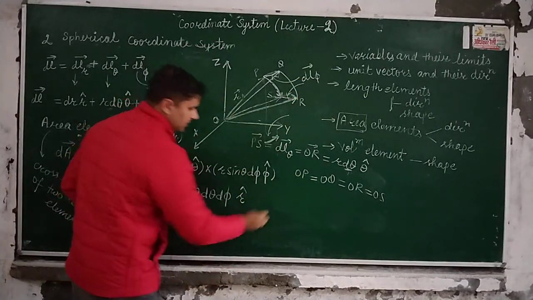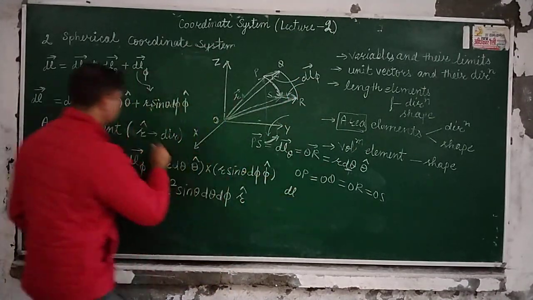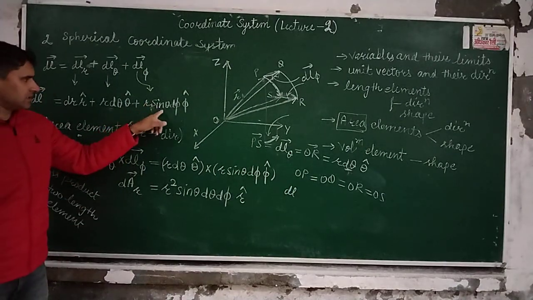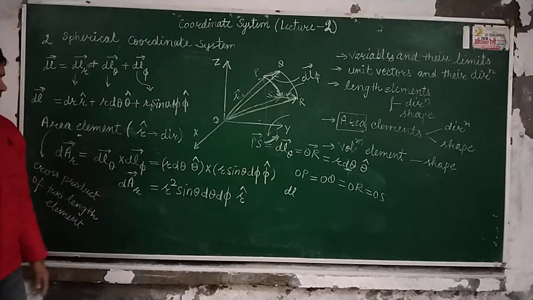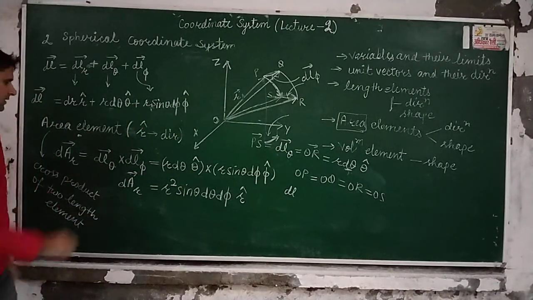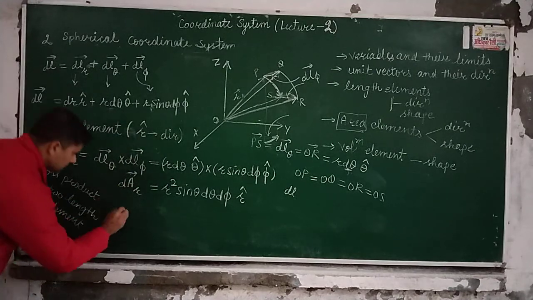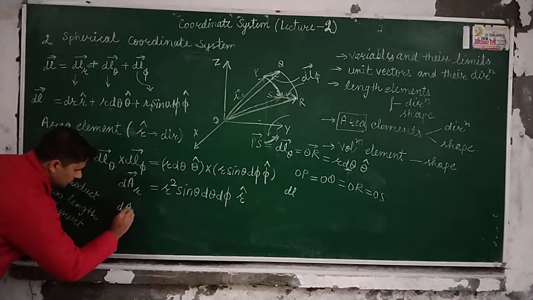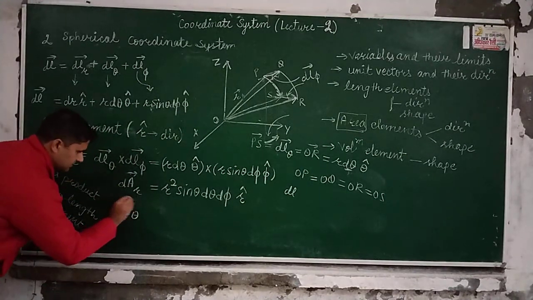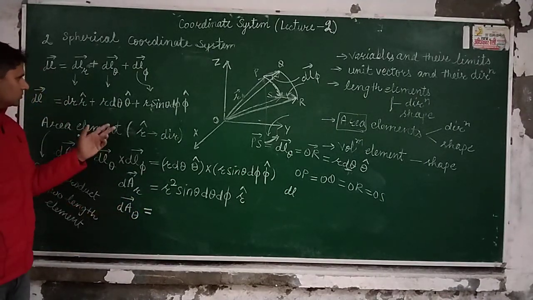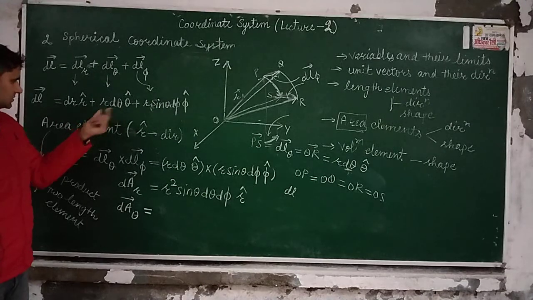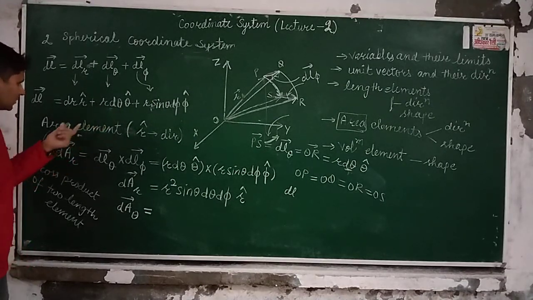Okay, so here dl phi is given by r sine theta d phi into phi cap, and in this way you can obtain this area element. In the same way, if you find the area element corresponding to theta direction, then you will take the cross product of the remaining two length vectors.